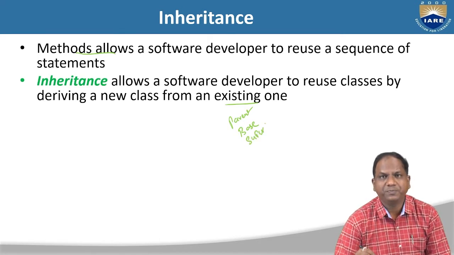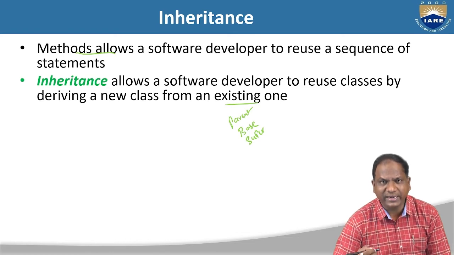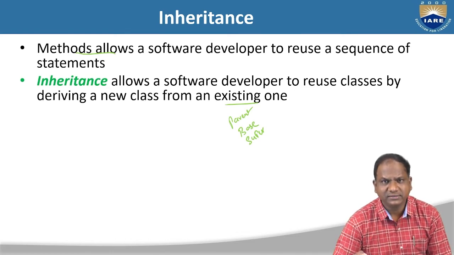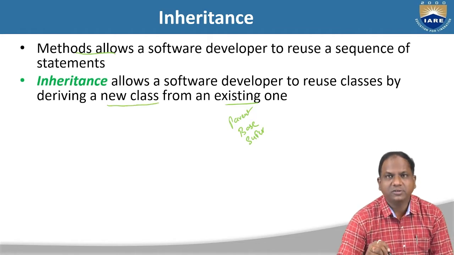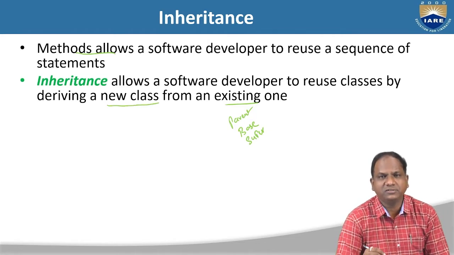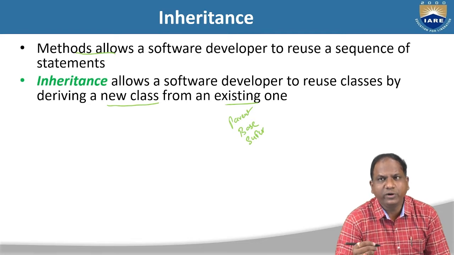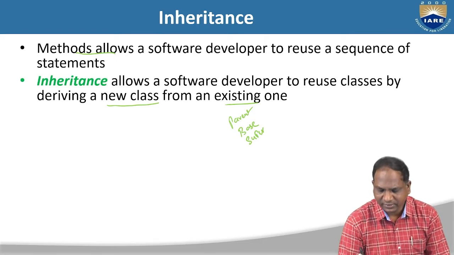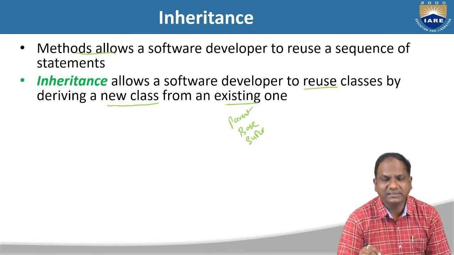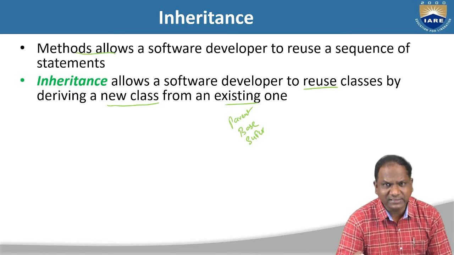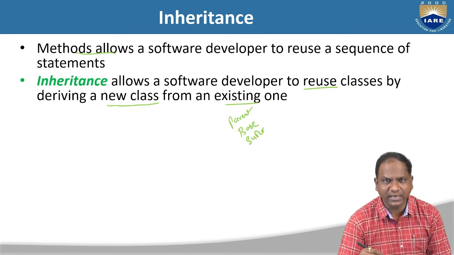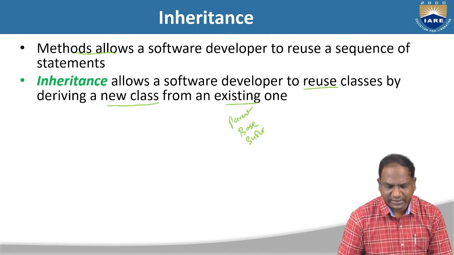So by deriving a new class from an existing class, inheritance allows a software developer to reuse classes. How can you derive a new class from the existing one? When you derive a new class, it is called inheritance.